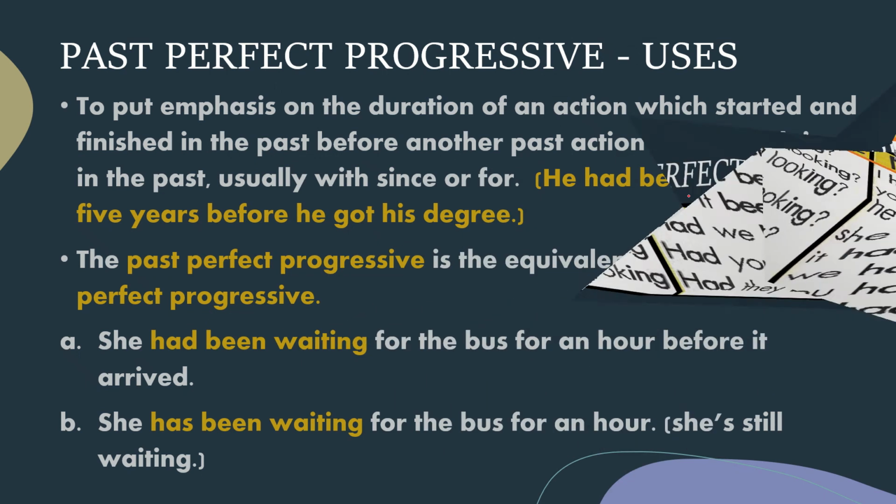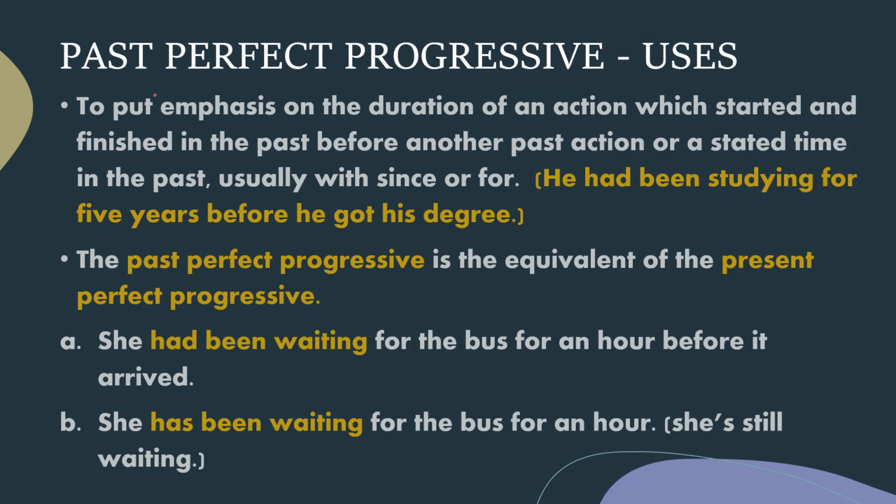All right, we're almost at the end of this video, so let's finish. The uses of the past perfect progressive are these. First, to put emphasis on the duration of an action which started and finished in the past before another past action or a stated time in the past, usually with since or for.